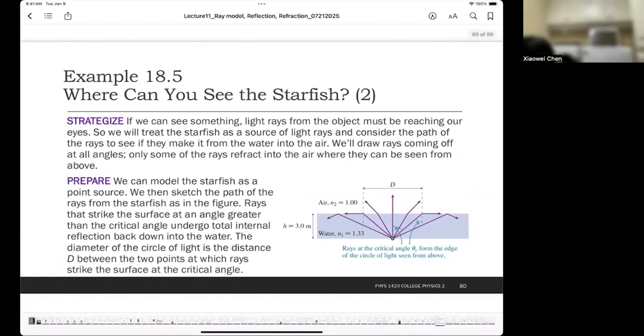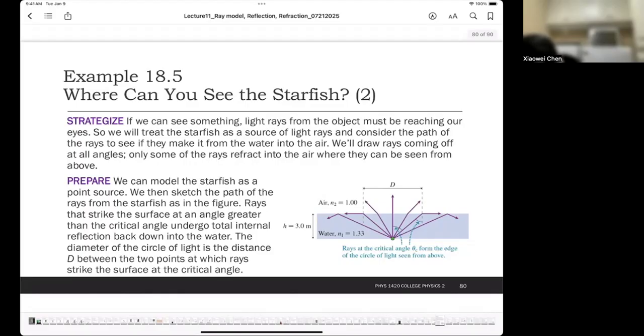If we see something, the rays from the object must be reaching our eyes, it's obvious, am I right? So we will treat the starfish as a source of light rays and consider the path of the rays to see if they make it from the water into the air. We will draw rays coming off at all angles. Only some of the rays refract into the air where they can be seen from above.